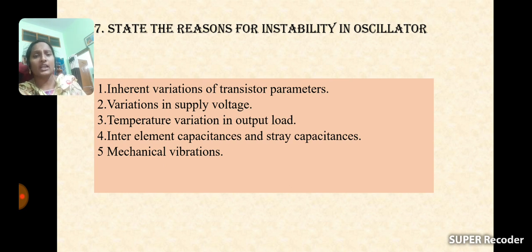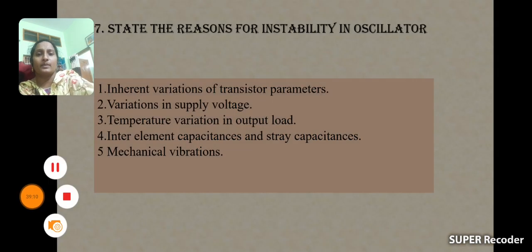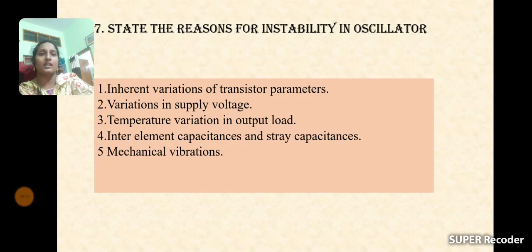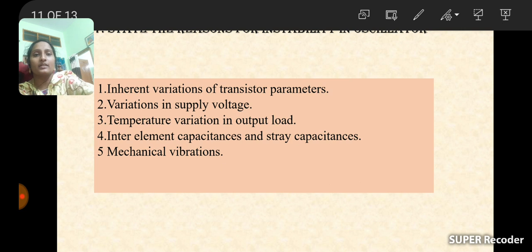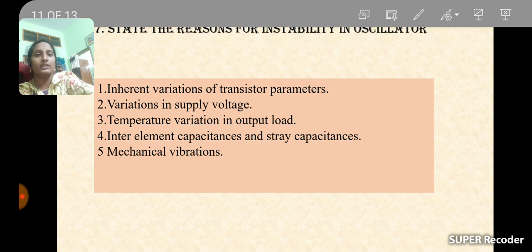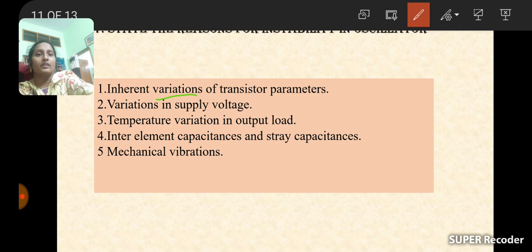So here, the first is inherent variations of transistor parameters. What is the main reason for instability of oscillations? Variations of transistor parameters.